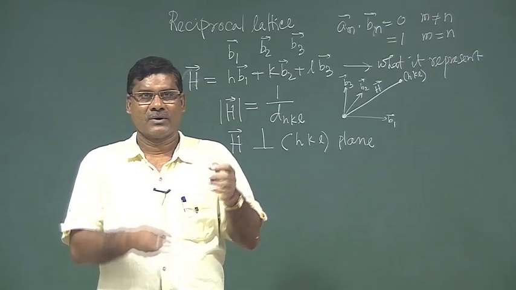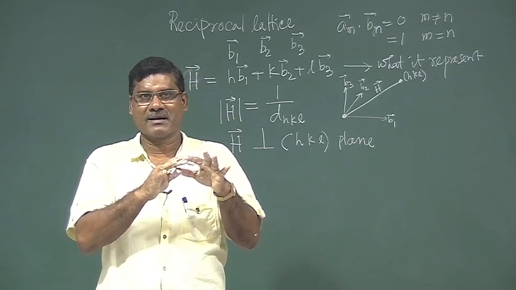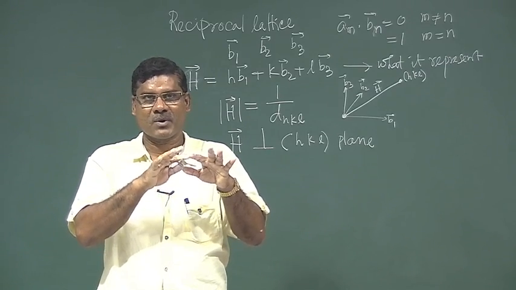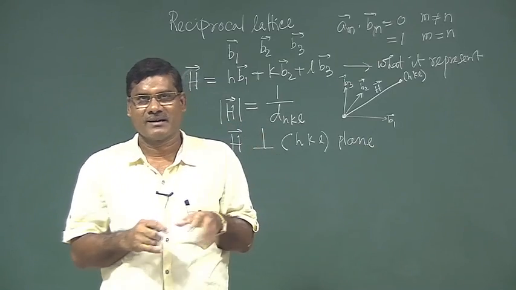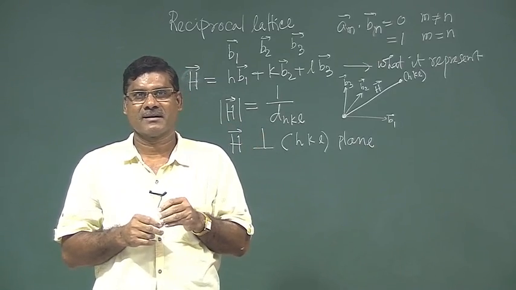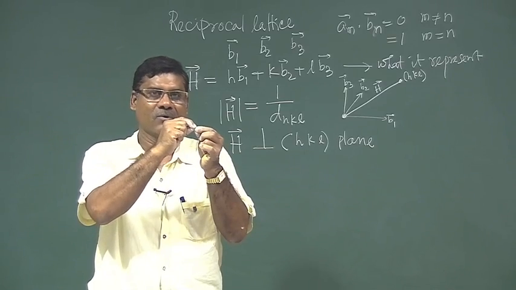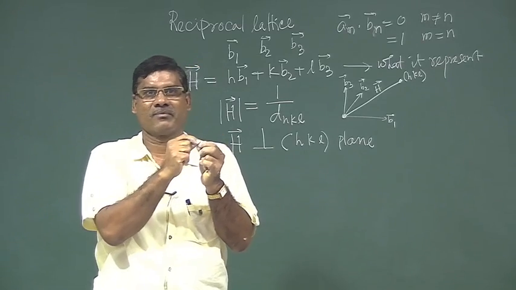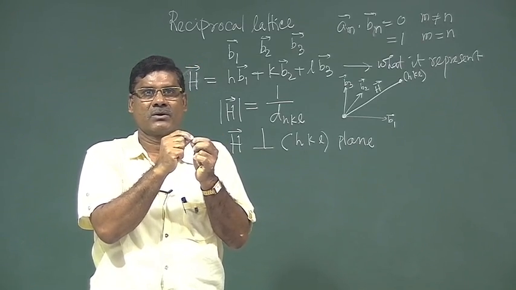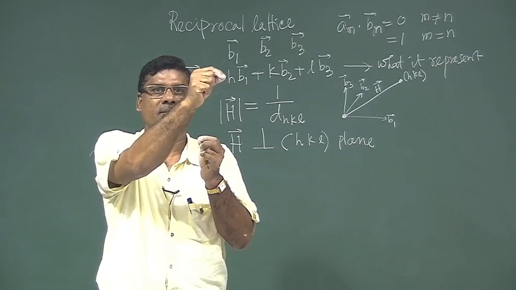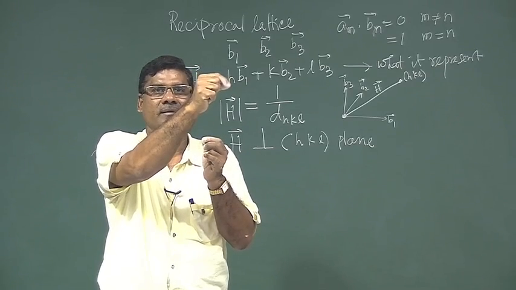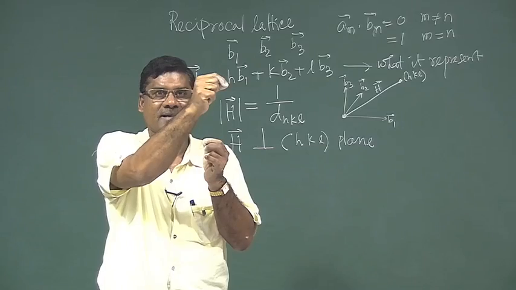So, if you imagine that these Laue spots are in the reciprocal lattice, and I go from one point to another point, each point represents a lattice plane.